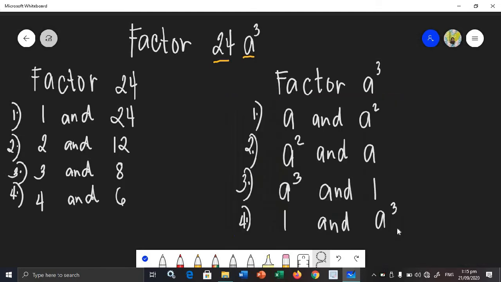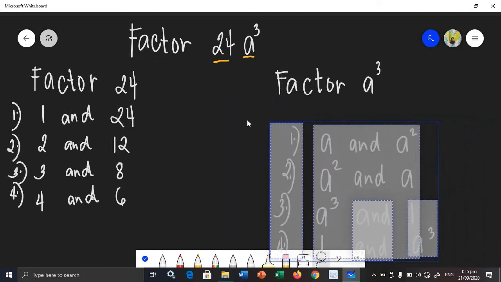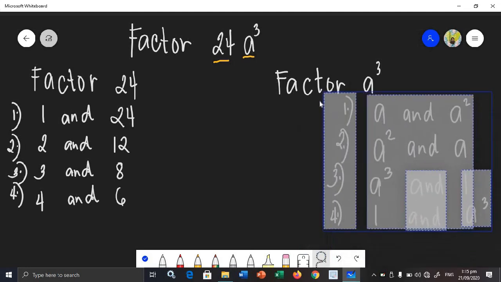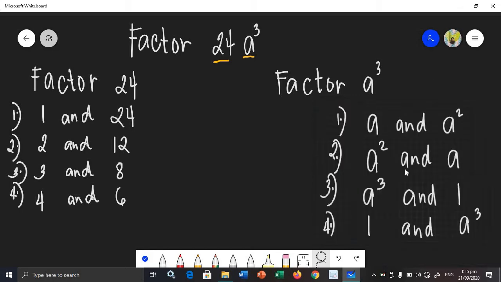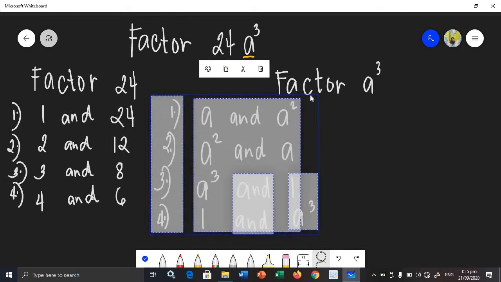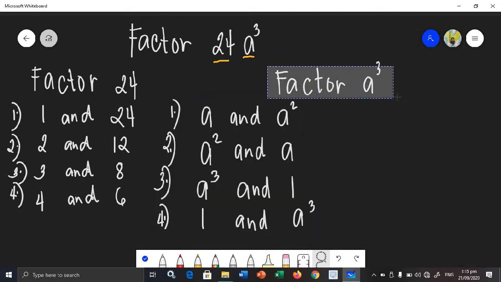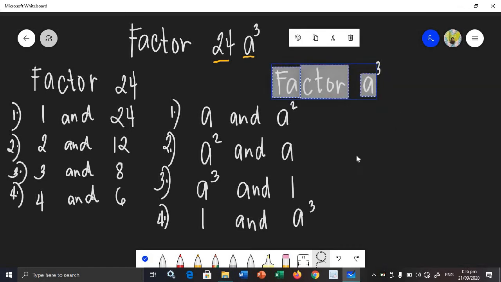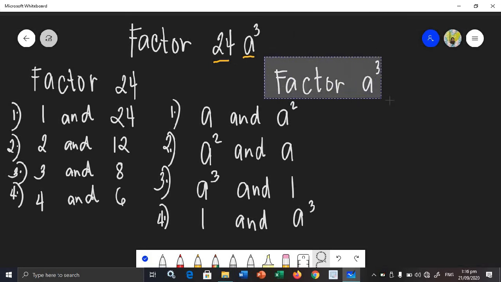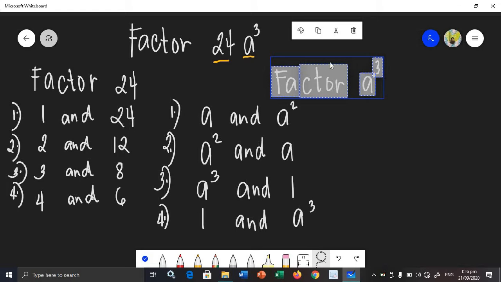I'll make this smaller. Oh no, it won't get smaller. So I'm going to set this aside and move this part so we can write the possible factors.